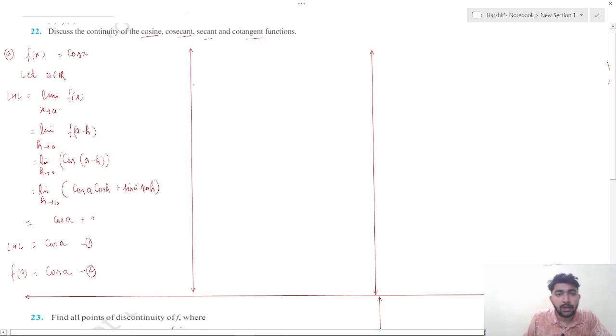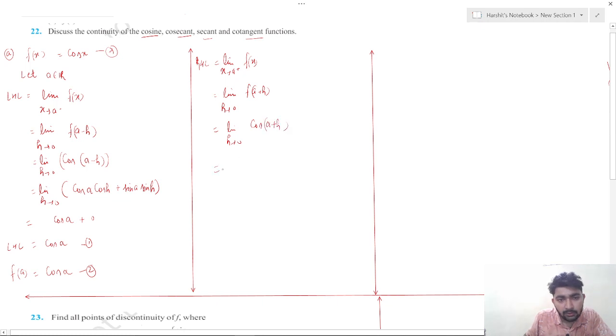Now we need to find RHL for this one. RHL equals the limit x tends to a positive of f of x, limit h tends to 0 of f of a plus h, and here again we will find f of a plus h by this star equation. So we have cos of a plus h.